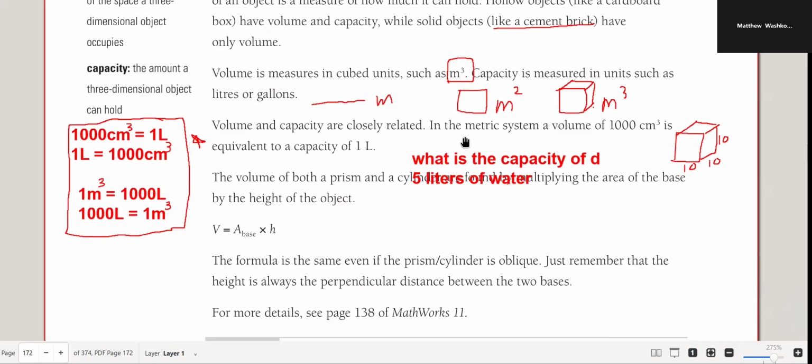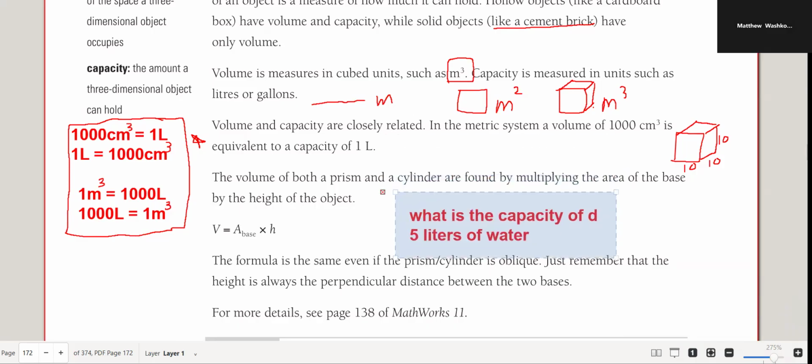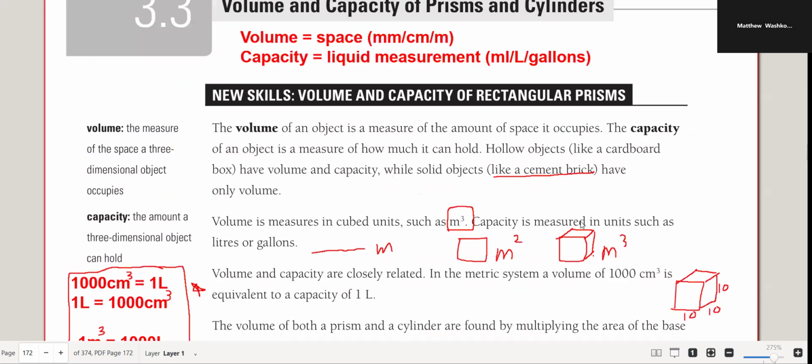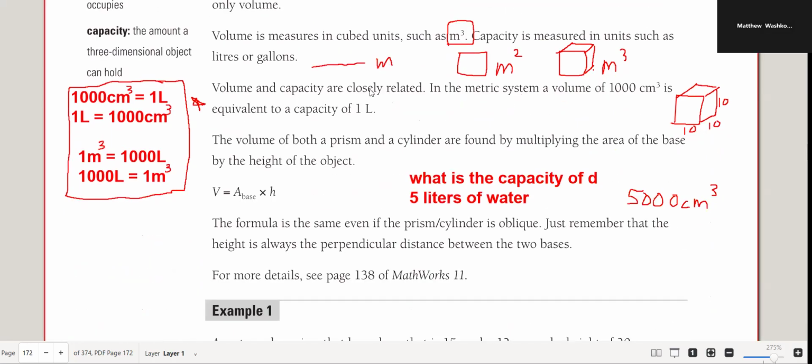If I were to ask you something like that, well, 1 liter is 1,000 cubic centimeters, so it'd be 5,000 cubic centimeters. So it's really important we understand the difference between volume and capacity. And if you're still a little confused, don't worry, it'll get reinforced as we continue to go on.